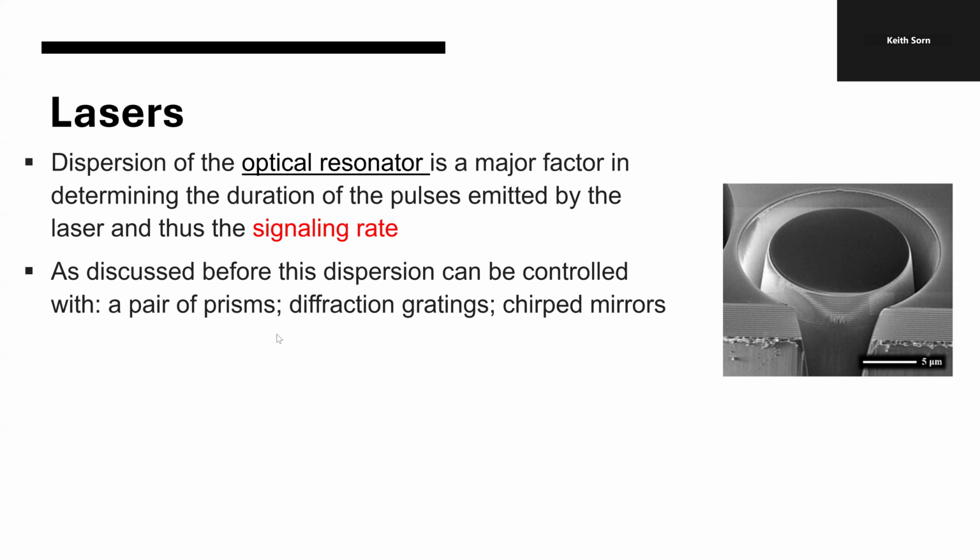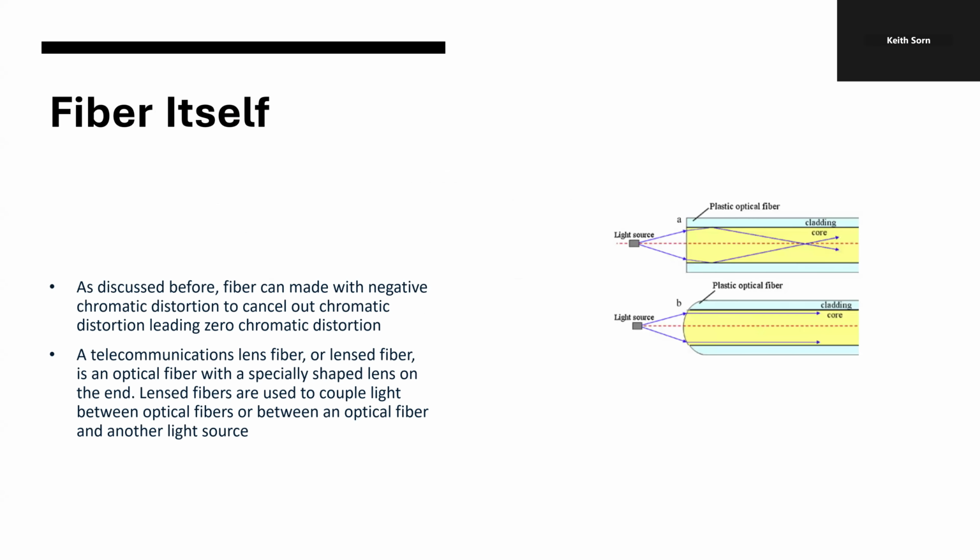As discussed, the dispersion can be controlled with a pair of prisms, diffraction grating, and chirped mirrors. The fiber itself will disperse the signal. So we use some of the correcting mechanisms that we talked about before.